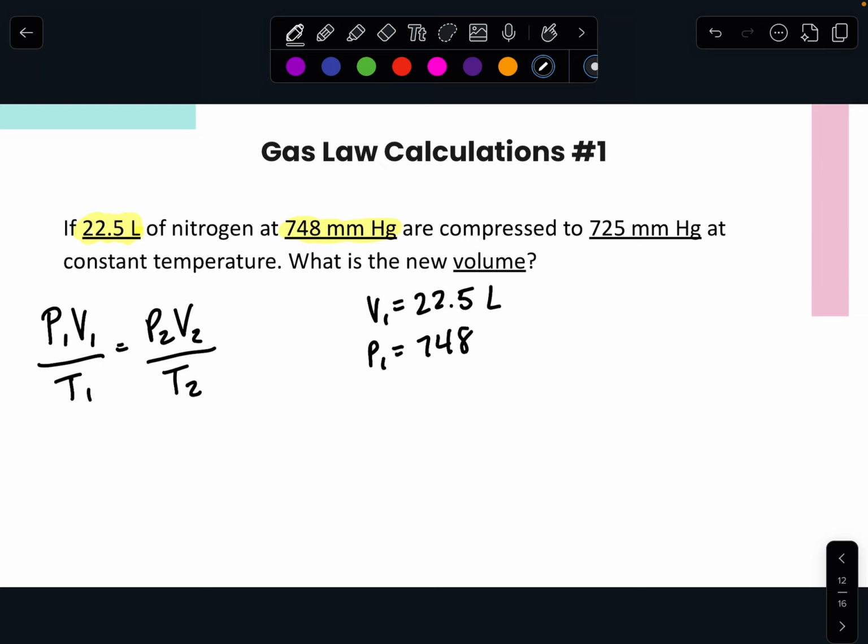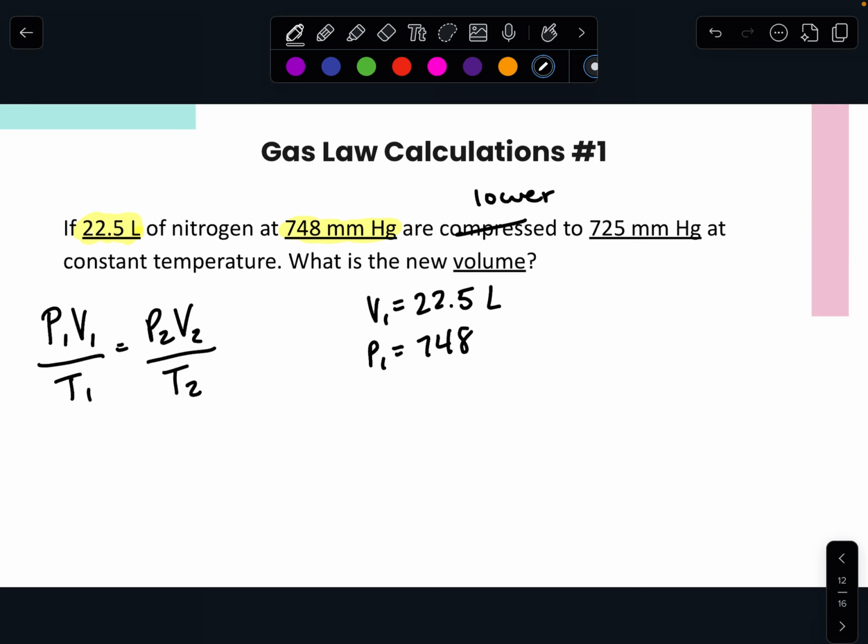Now it's telling me that I'm going to change that. I'm going to compress or push in this space, right? So that now the pressure is at 725 millimeters mercury. So essentially it's just telling me that I'm going to lower the pressure. Okay, that's all compressed means.